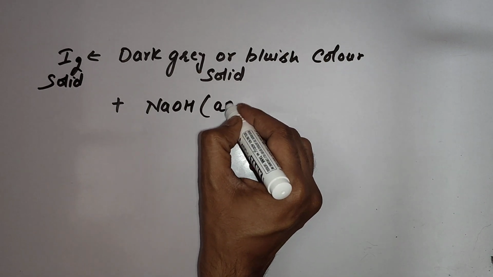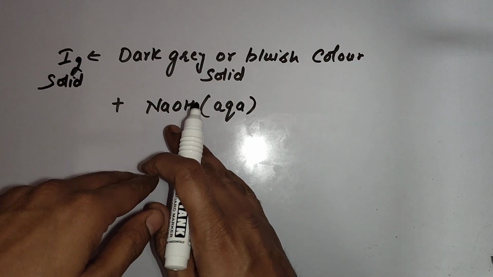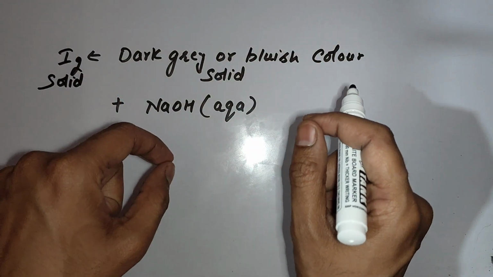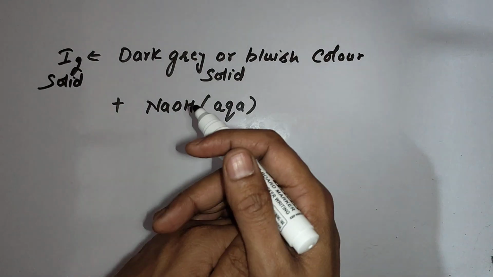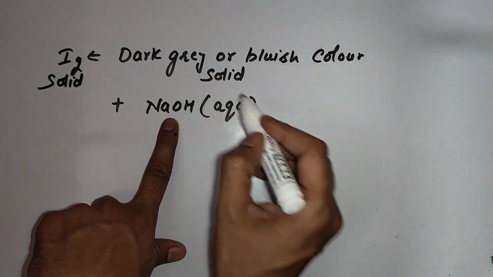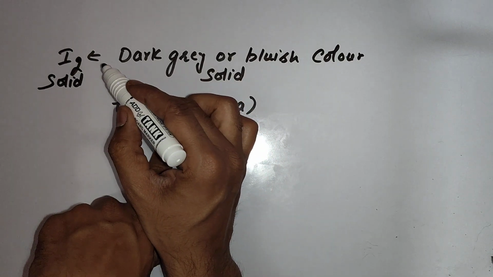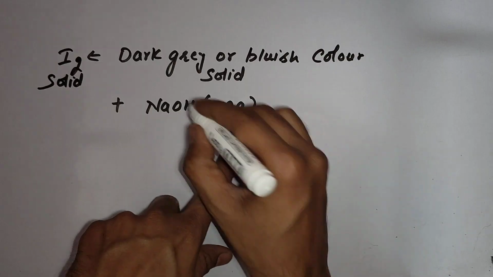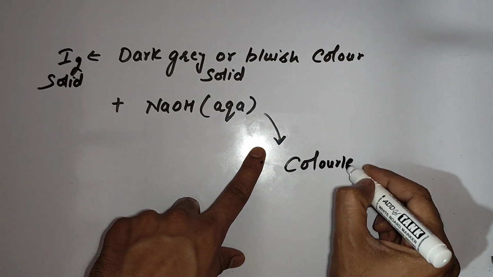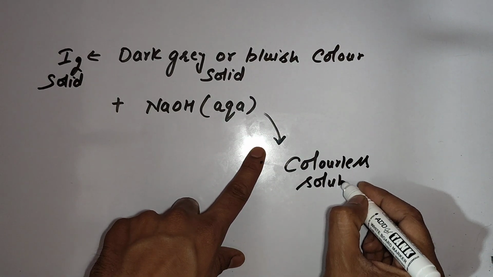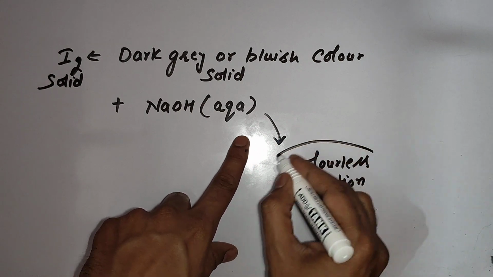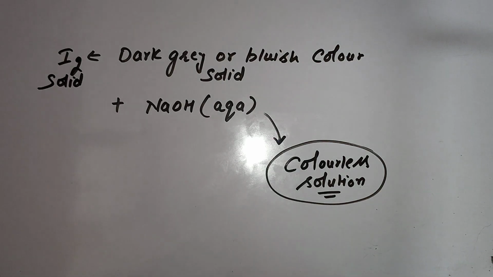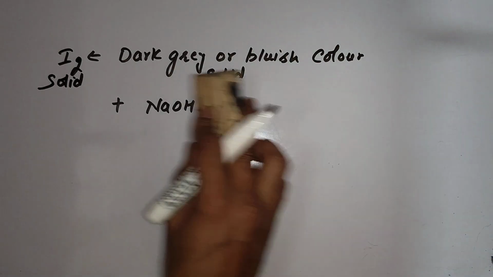On dissolving it in sodium hydroxide aqua, we know that sodium hydroxide salt is dissolved in water. Mix it, and a colorless solution will be generated. Now in this sodium hydroxide aqua, we just need to add this iodine, and mix it, we will get a colorless solution. This colorless solution will be used for the iodoform test. Now, let's go for the mechanism part.